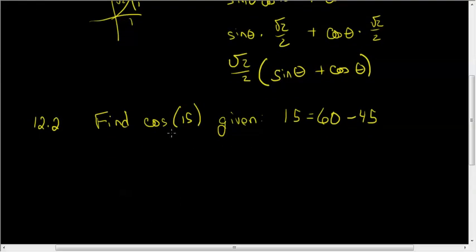Now we're asked to find the cosine of 15 degrees, given that 15 is 60 minus 45. So what we're really asked to find is the cosine of 60 minus 45.